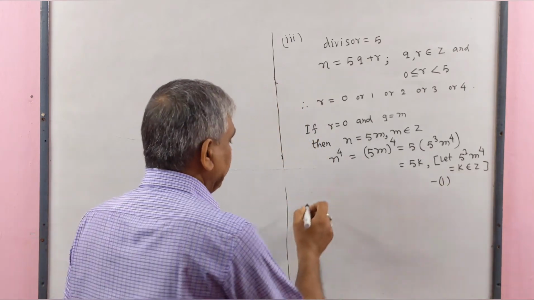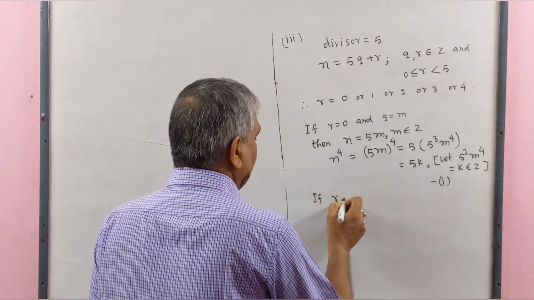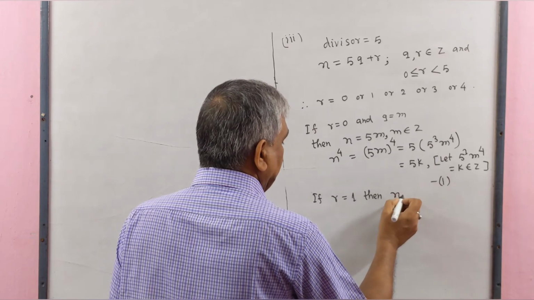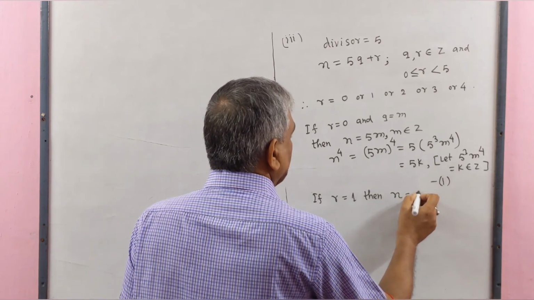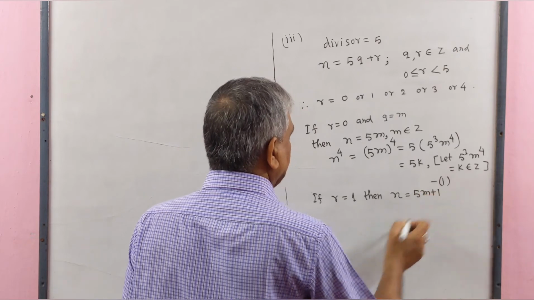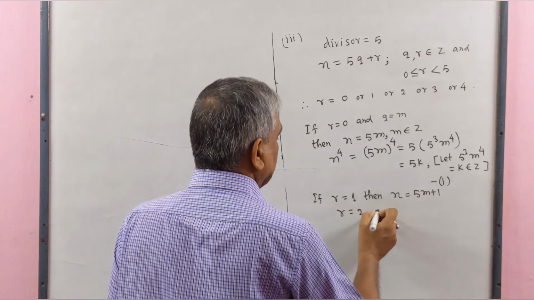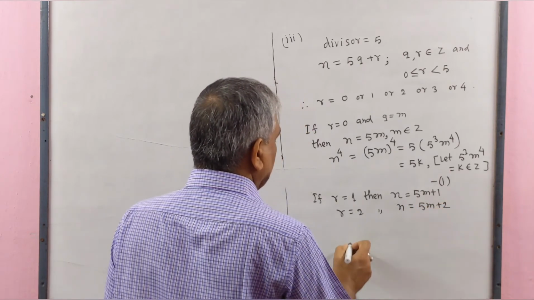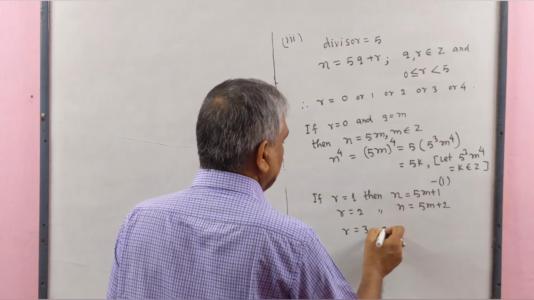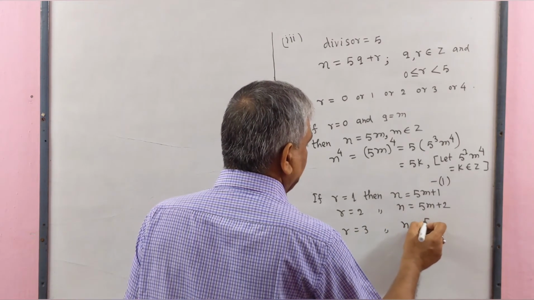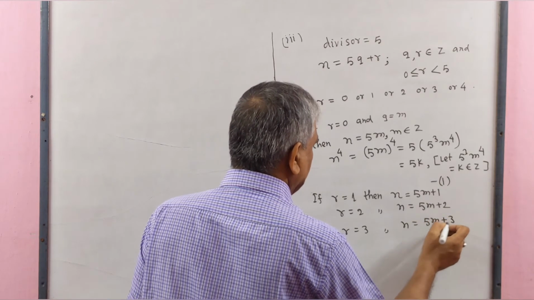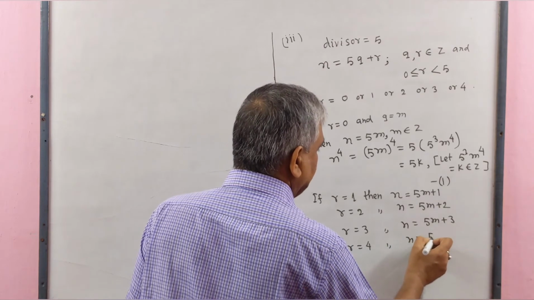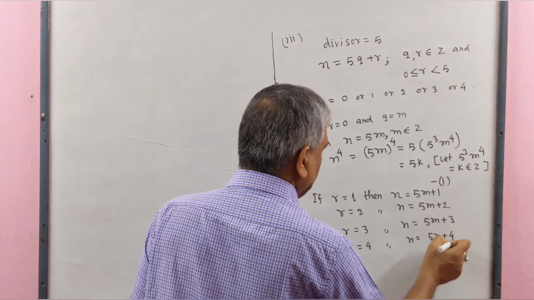Similarly, if r equals 1, then n equals 5m plus 1; r equals 2, then n equals 5m plus 2; r equals 3, then n equals 5m plus 3; r equals 4, then n equals 5m plus 4.